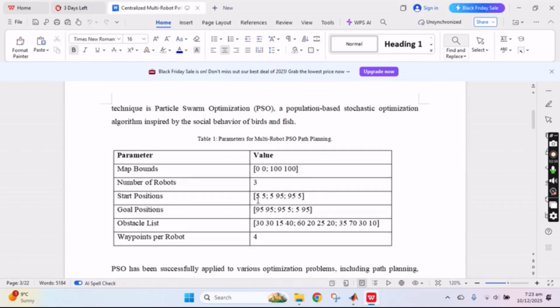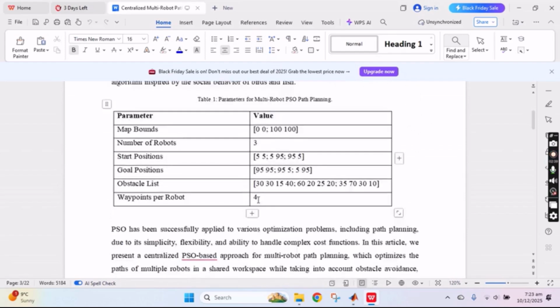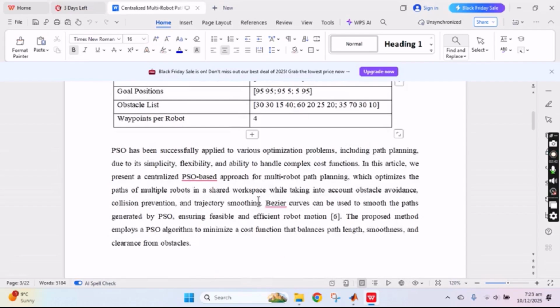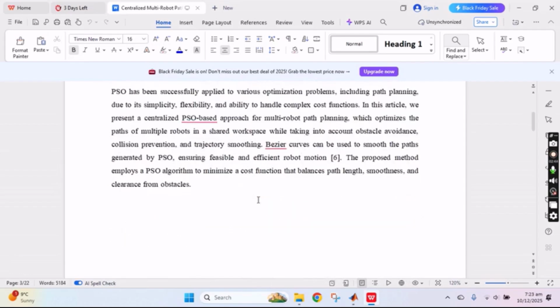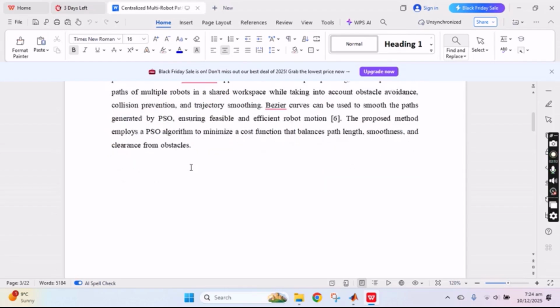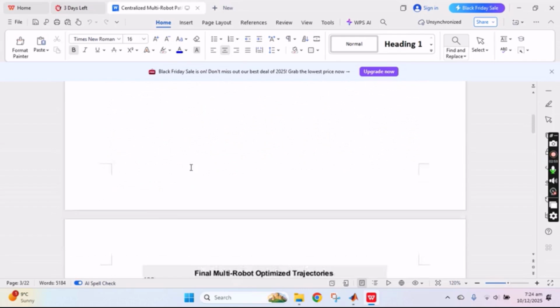Yes, this table represents the parameters used in the PSO path planning. And yes, PSO-based Bézier curves can be used to smooth the paths generated by PSO, for feasible and efficient robot motion.